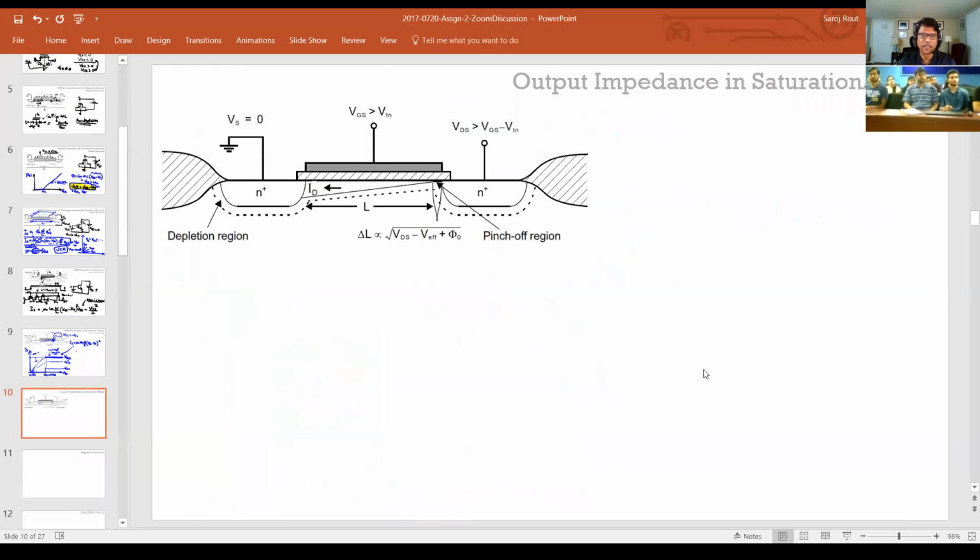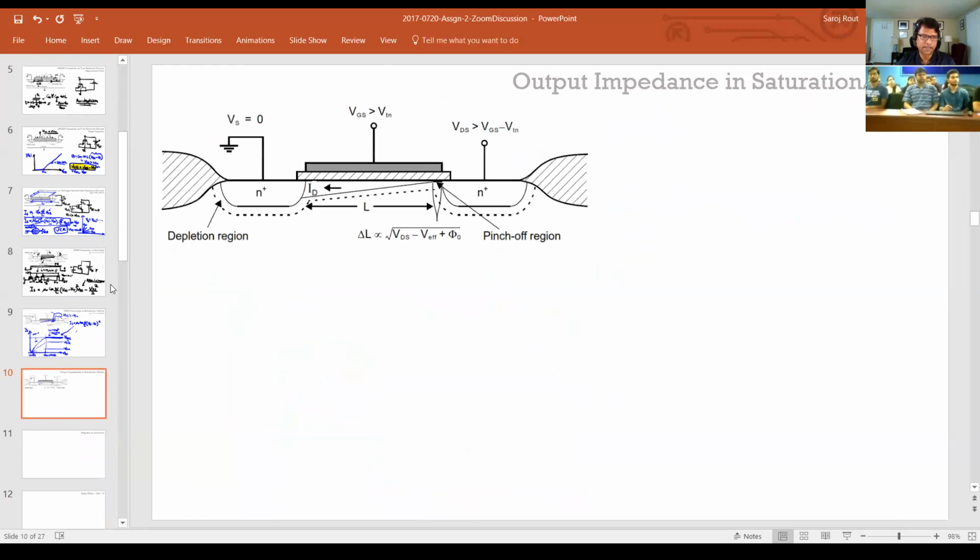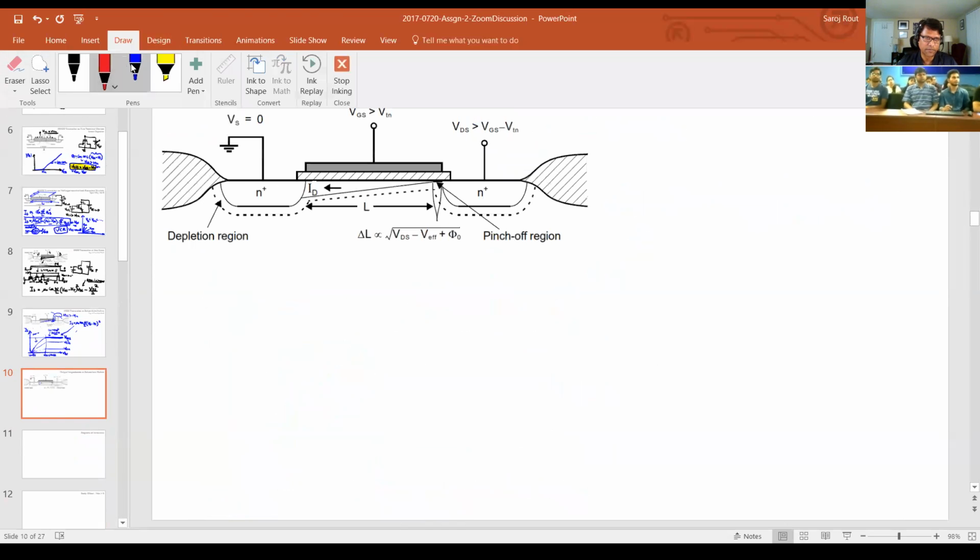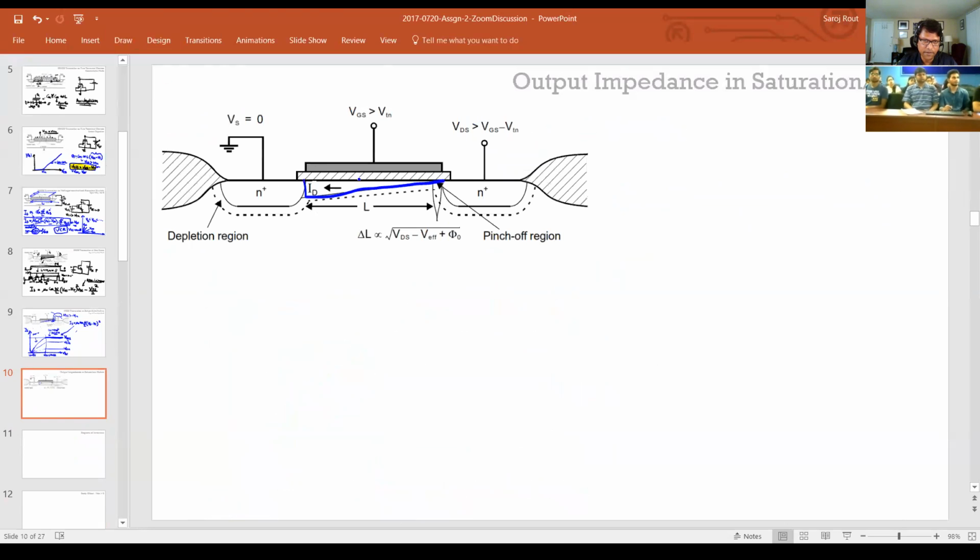Okay, so now the thing is that it's really not exactly constant. Like before, I showed that this channel really pinches off, right? And so let's say at VDS equal to V effective, that's when the pinch off happens.